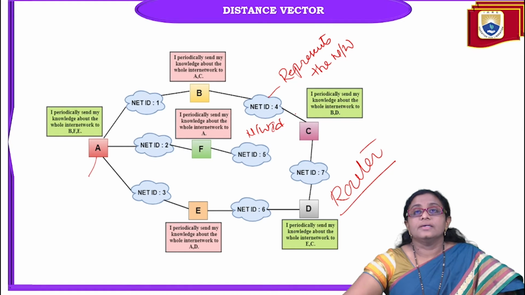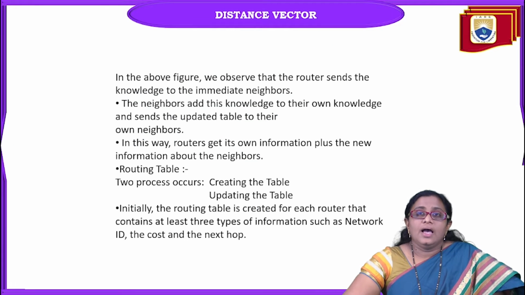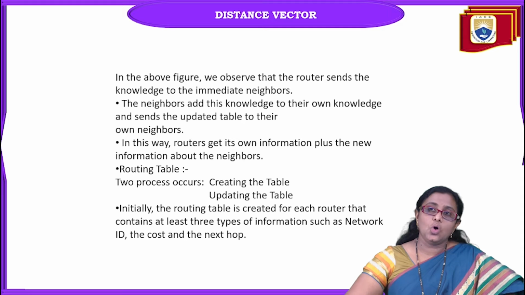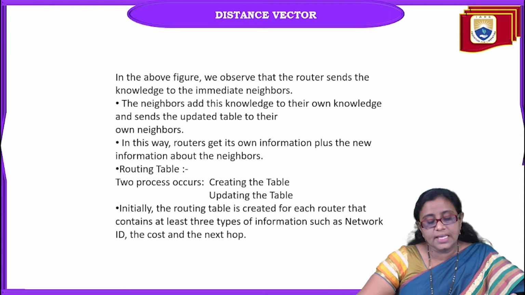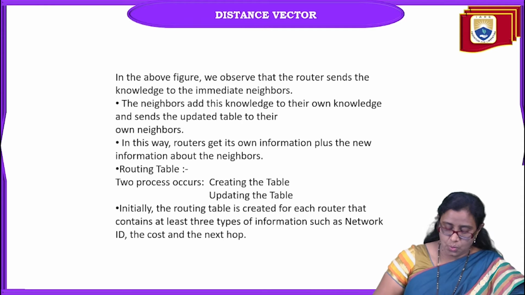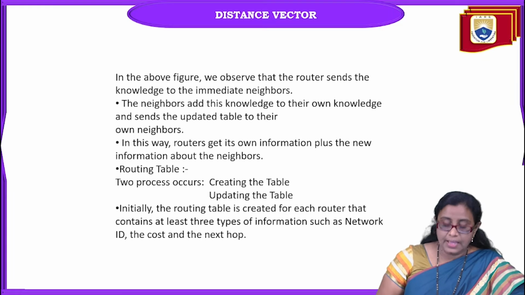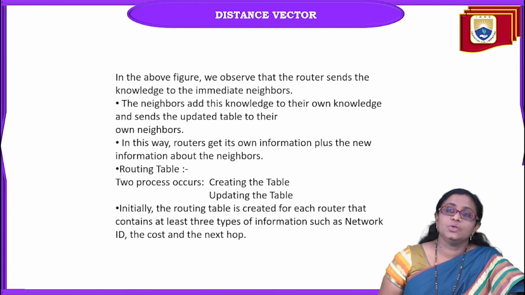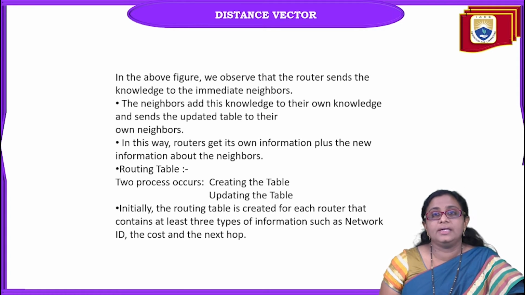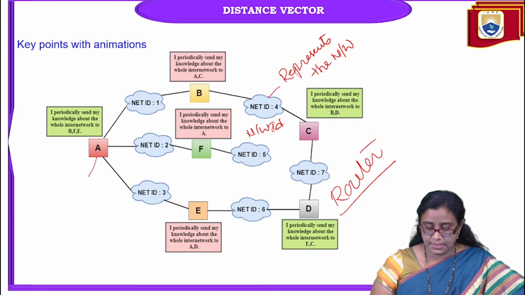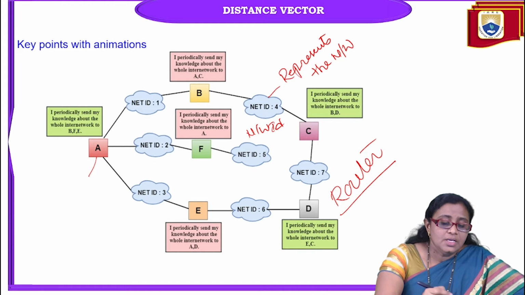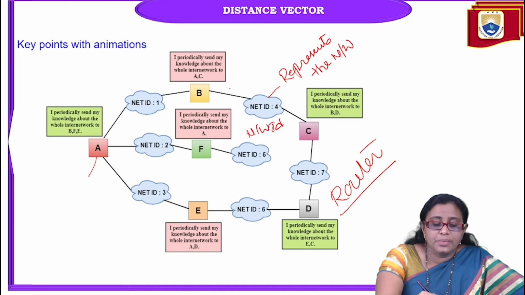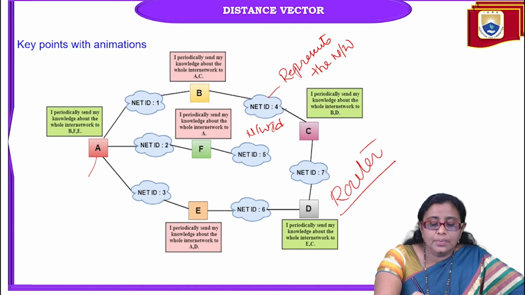Next, the neighbors add this knowledge to their own knowledge and send the updated table to their own neighbors. That means one can share the information with 2, 2 can share with 3, 3 with 4, 4 with 5, 5 with 6.